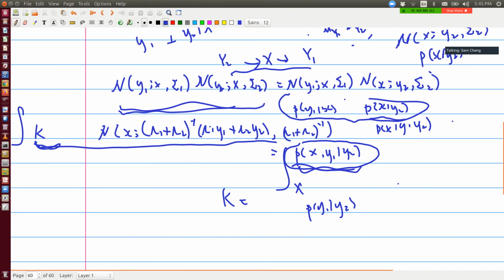If we use the Markov property, it is a Gaussian random variable.